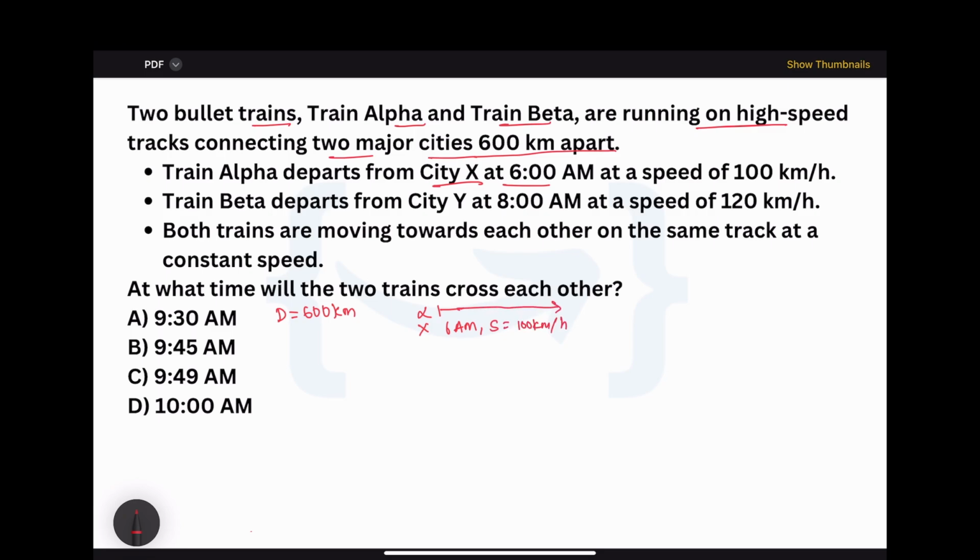And train beta departs from city Y at 8 a.m. at a speed of 120 km per hour. Clear? Both trains are moving towards each other on the same track at a constant speed. At what time will the two trains cross each other?